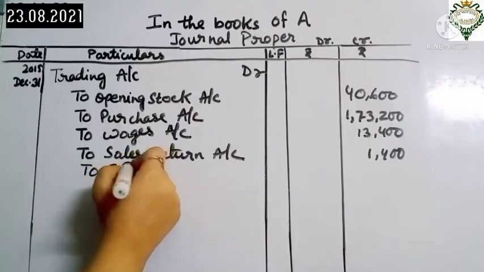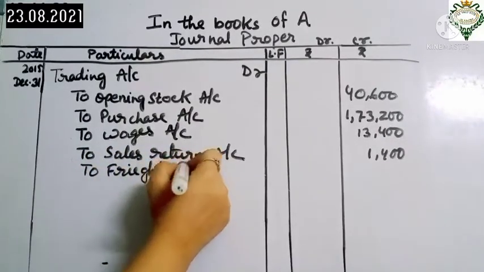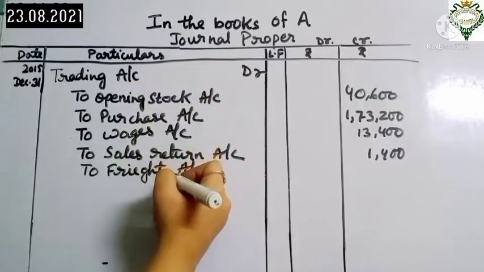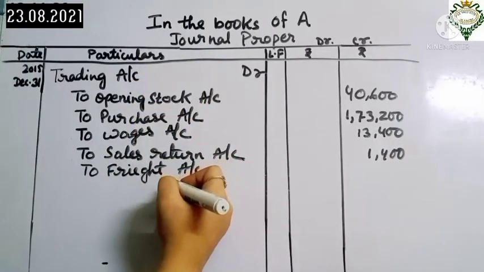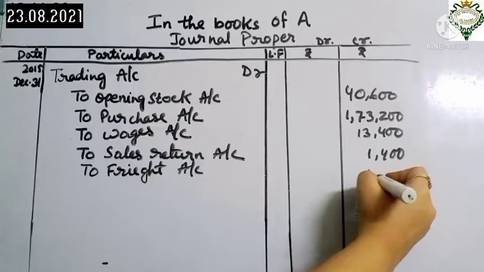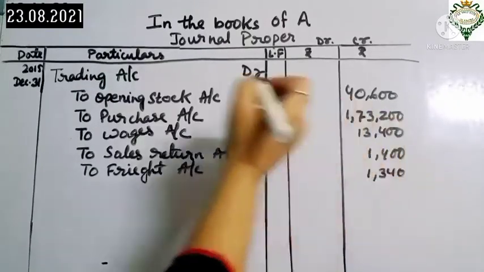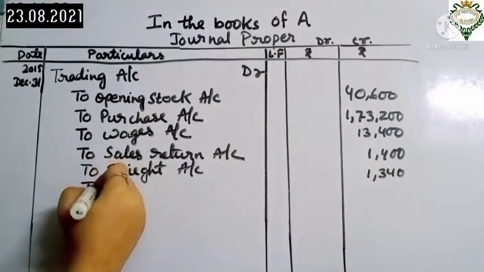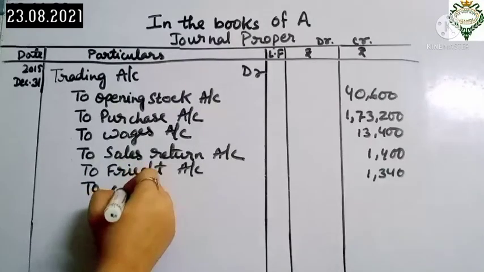Then to freight account. That is an expense, and all the expenses we have to record here. The amount is 1,340. Then we have the carriage inward, that is also an expense.